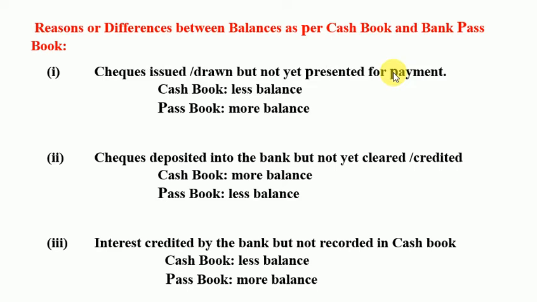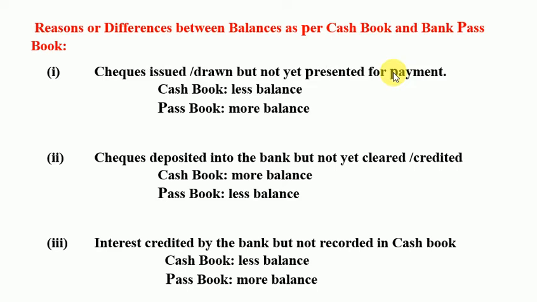Thus, there may be a gap of a few days between the entry in the cash book and the entry in the passbook by the bank. If a bank reconciliation statement is prepared on a date falling between the two dates, that is, the issue of the check recorded in the cash book and the check presented to the bank for payment, then there has to be a difference between both the books.